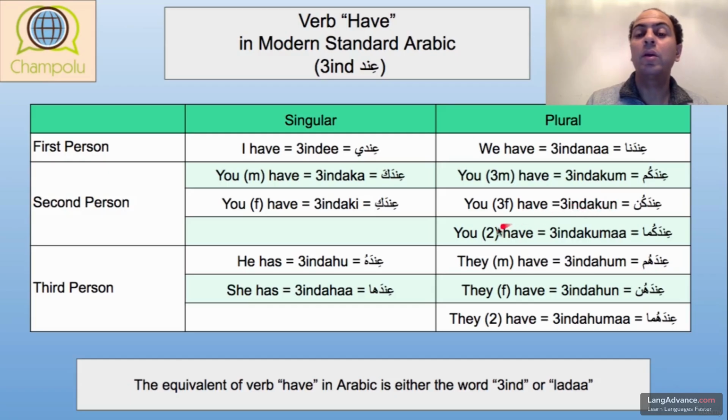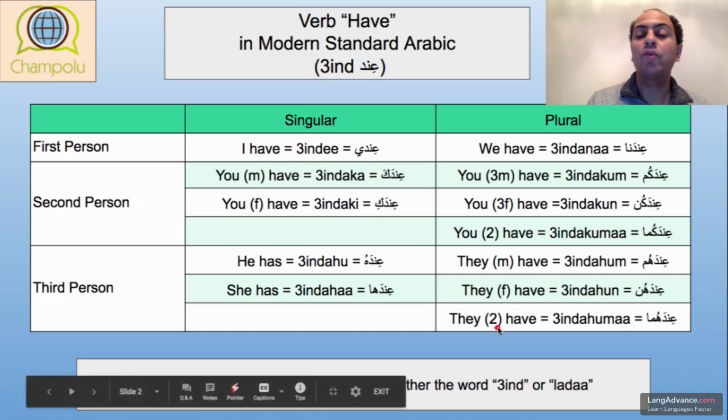When you're addressing two people, you have عندكما. They have for a group of male or mixed, عندهم. They have for a group of females, عندهن. They for dual, عندهما.